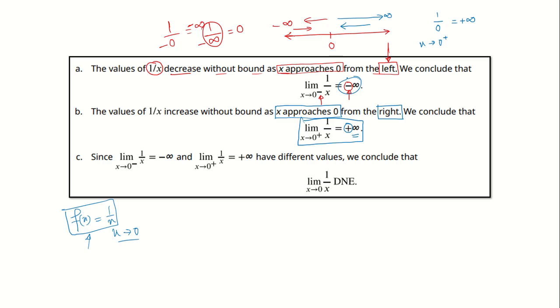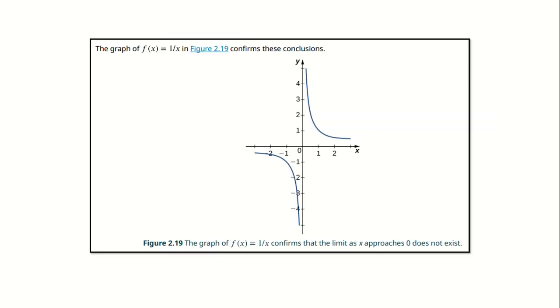Since we have negative infinity here and positive infinity there. Both are not equal. Here the limit does not exist. We will use this concept later.